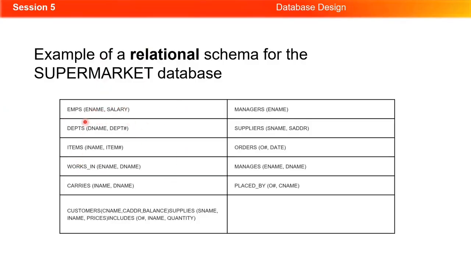So there is an EMP here, short for employee, that's capturing employee name and salary. There are managers here, and we can see here departments, suppliers, and we can see here the entity, or eventually these will become tables, and the attributes that go along with the entity.